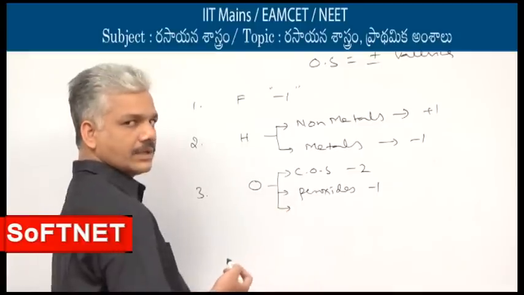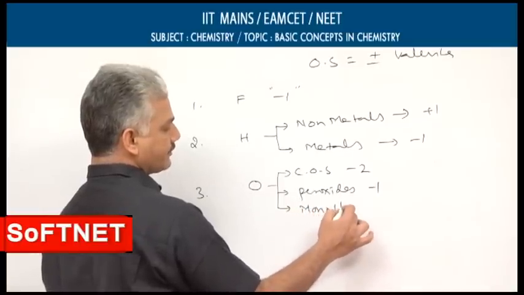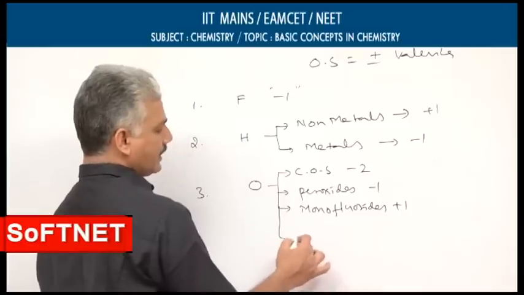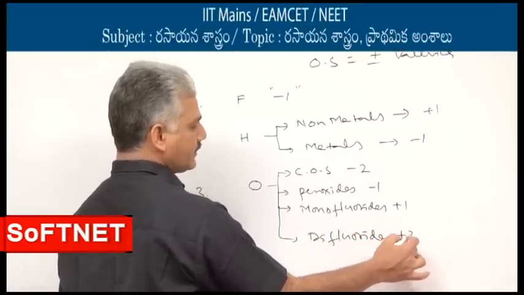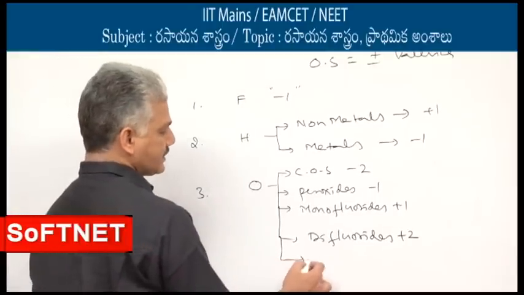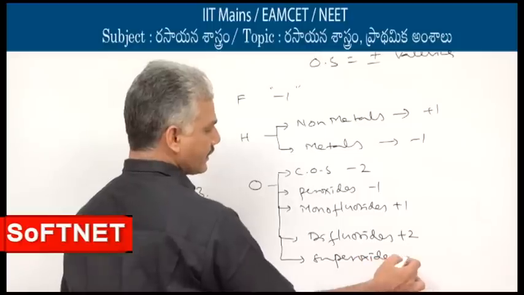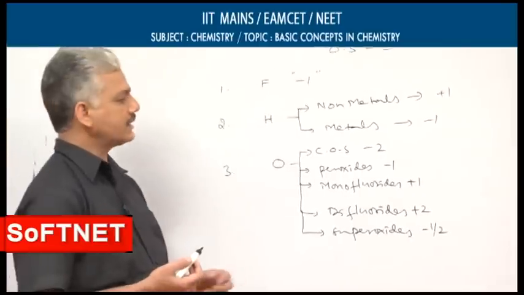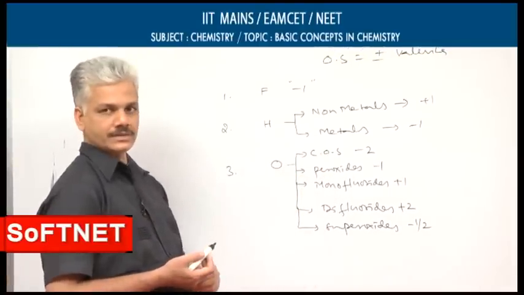If it is in combination with fluorine in monofluorides, the value is taken as +1, and in difluorides, the value is taken as +2. And if oxygen is involved in the formation of superoxides, its value is taken as -1/2. These are the various oxidation states exhibited by oxygen.